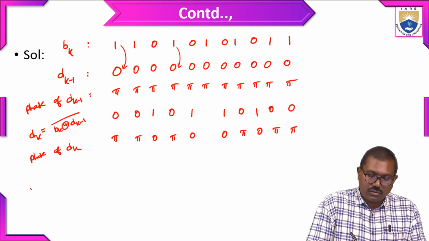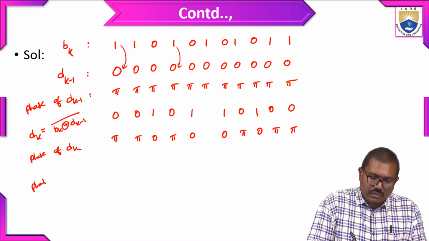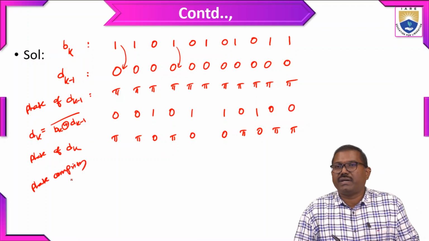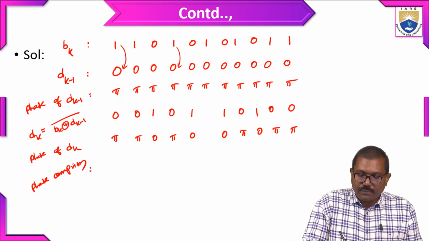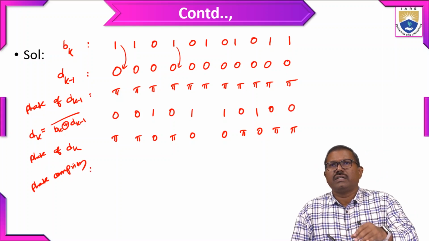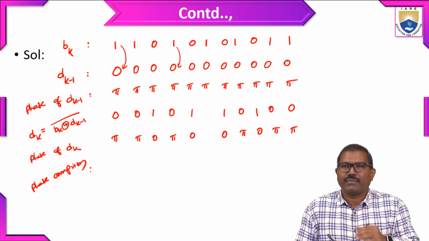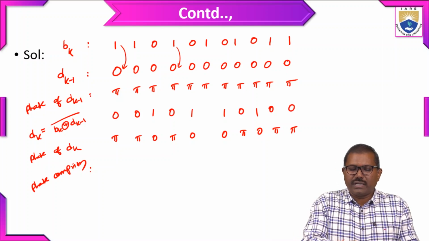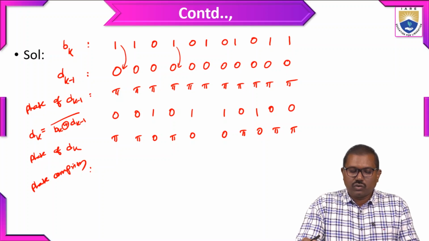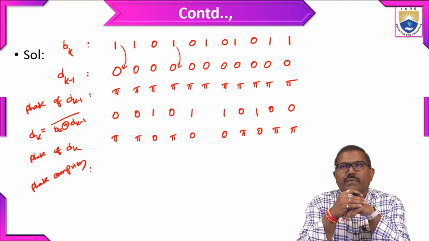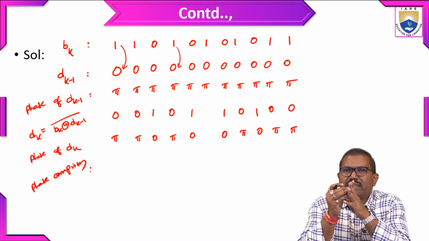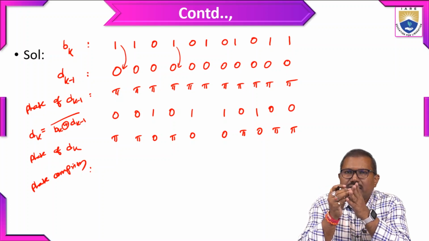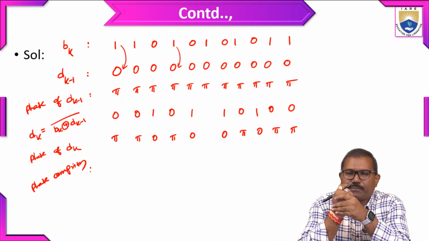Now the phase comparison. By comparing the phase at the receiver, you are going to identify which bit sequence was sent. Here BK is the input. So we are going to send this BK sequence using DPSK, differential phase shift keying.